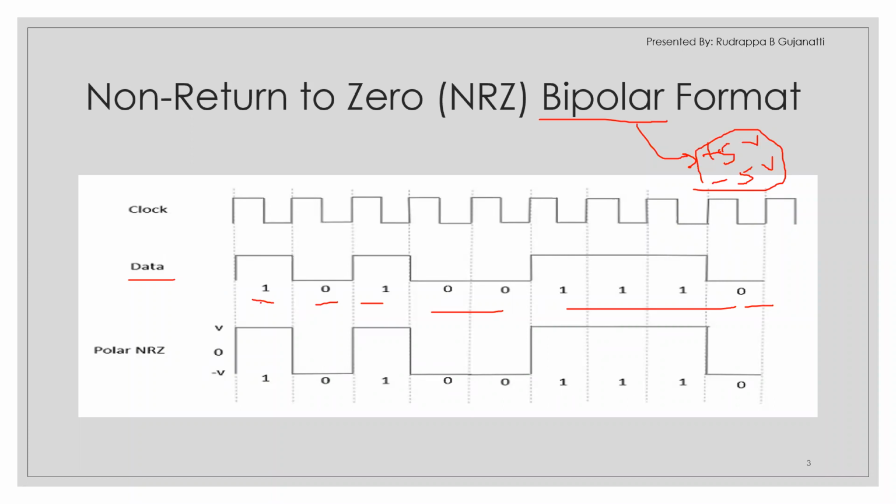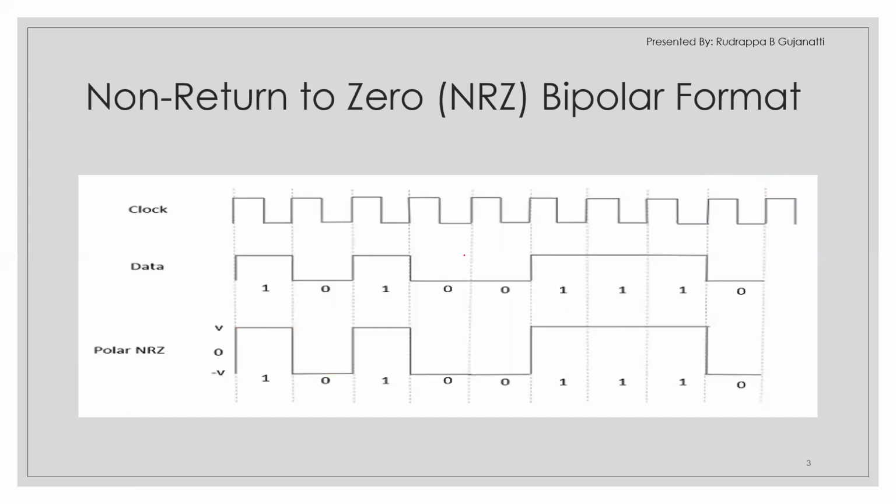In this one, since it is non-return to 0, whatever level is present, say for logic 1, if it is 5 volt, it will remain at 5 volt for the entire bit duration. For logic 0, if it is minus 5 volt, it will remain at minus 5 volt for the entire bit duration. Therefore, we don't have returning to 0 in this case.